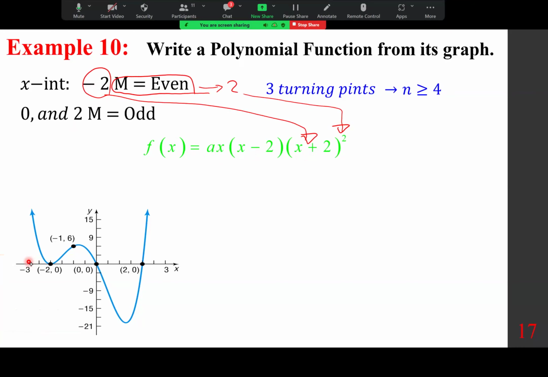All we have to do is pick up a pair and plug in. They have given us this pair, -1, 6. So into this function, x is replaced by -1 and f of x, or y, is replaced by 6. That's an easy point that is given, everybody.